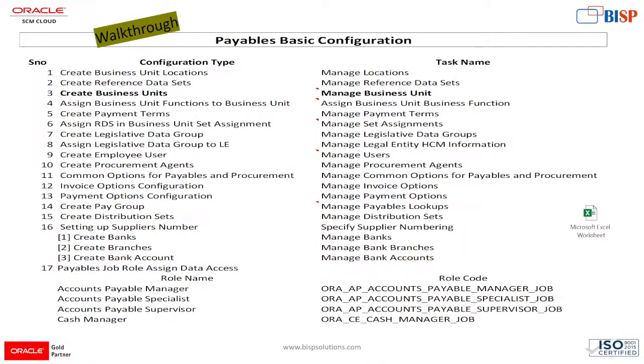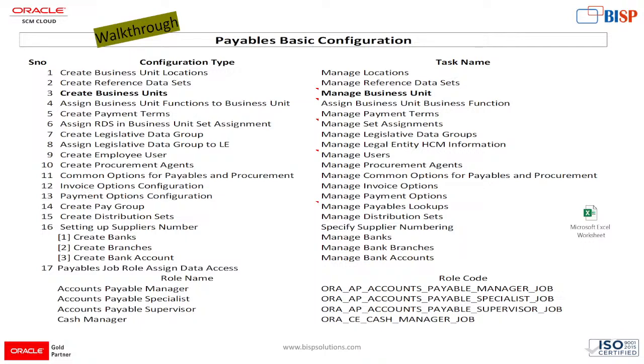Then we will create an employee user through manage users and create a procurement agent, and then common options for payables and procurement, where your default accounts will be defaulted, and you provide the codes, that is your liability account, your prepayment accounts. So these are the various accounts, and you have to provide the code combination there.